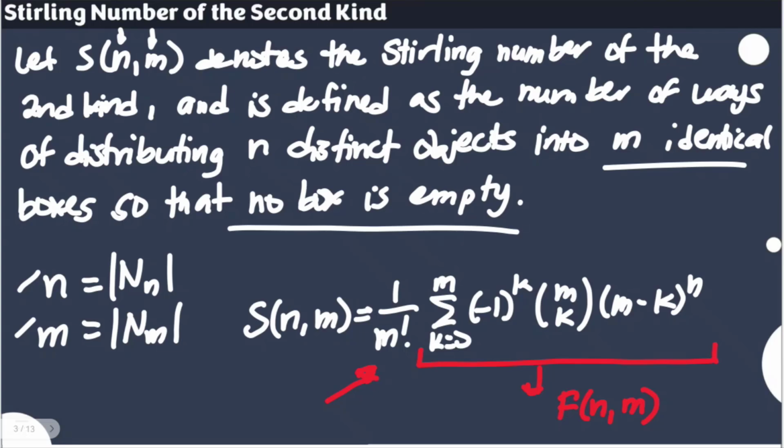Now, let's talk about the idea that m is identical. In the previous example, in the surjective mappings, the objects in the second set are distinct, meaning there are differences, and it's very obvious which boxes will have more than the other.